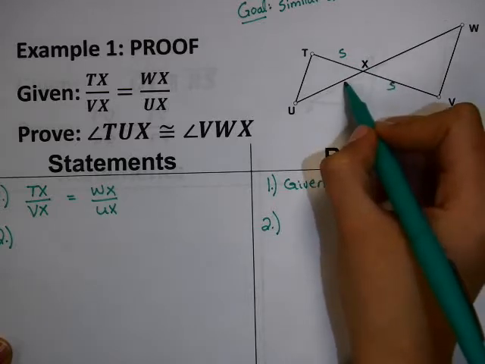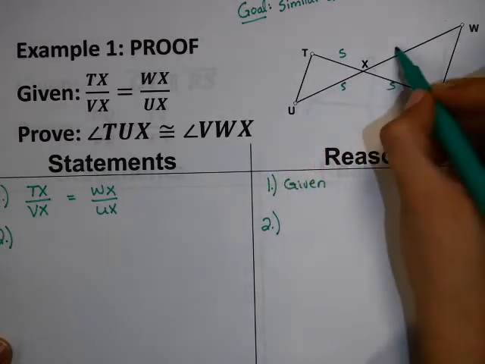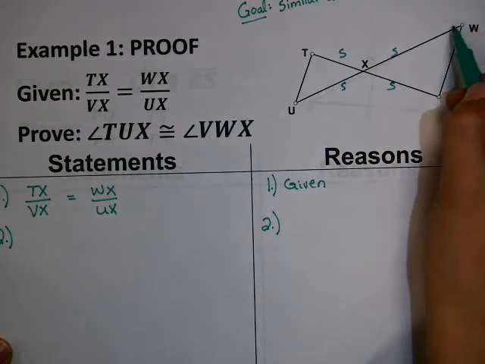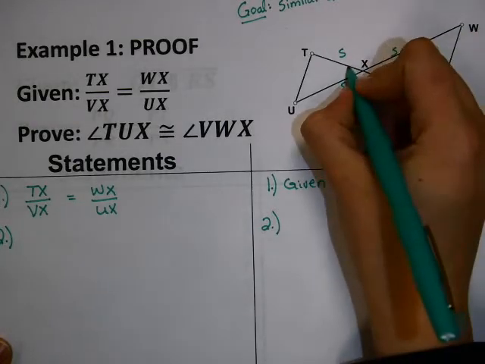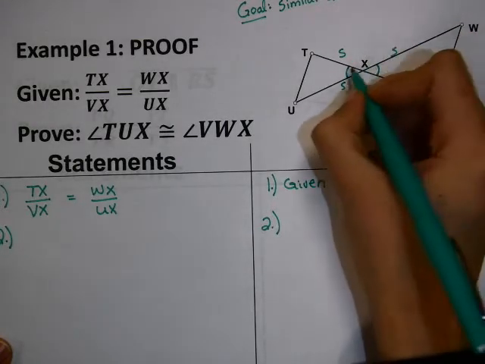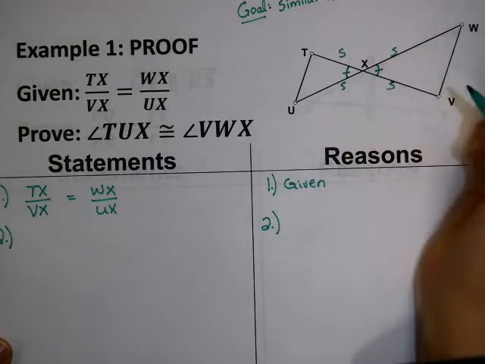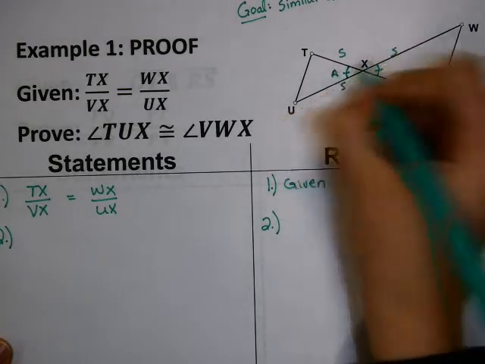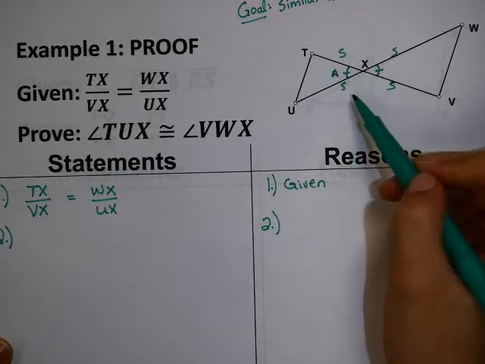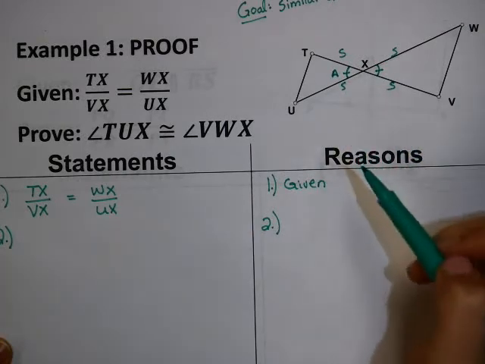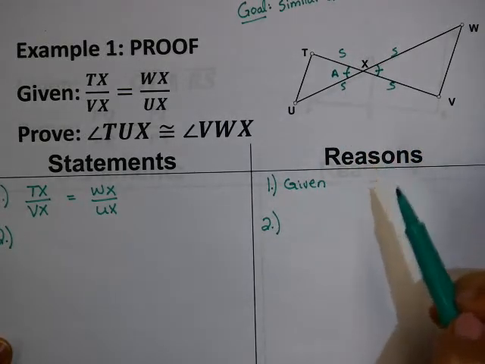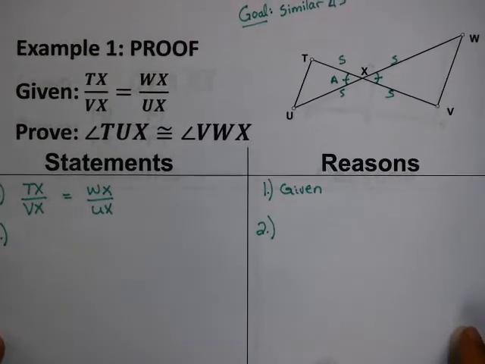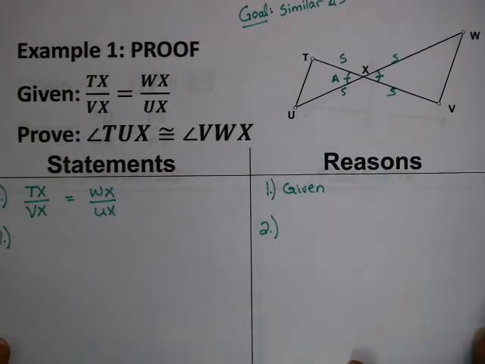And same thing here, UX is proportional to WX. And if you notice, we have a pair of vertical angles. So now if I write my angle in, I have side angle side, and the side angle side similarity theorem is what we'll use to prove the two triangles are similar.